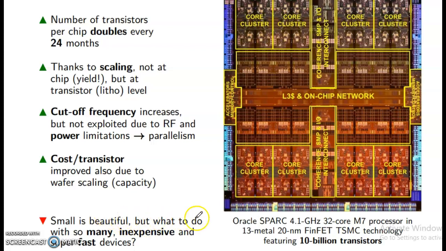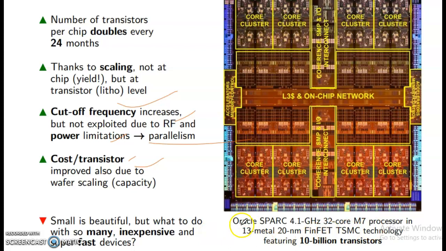Small is beautiful, but what to do with so many inexpensive and super fast devices? Cost per transistor improved also due to wafer scaling capacity. Already we have seen cutoff frequency increases but is not exploited due to RF and power limitations.